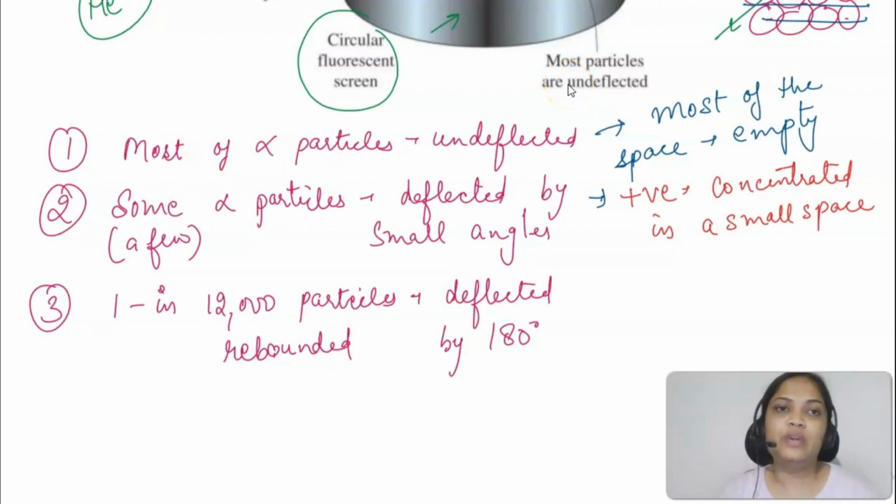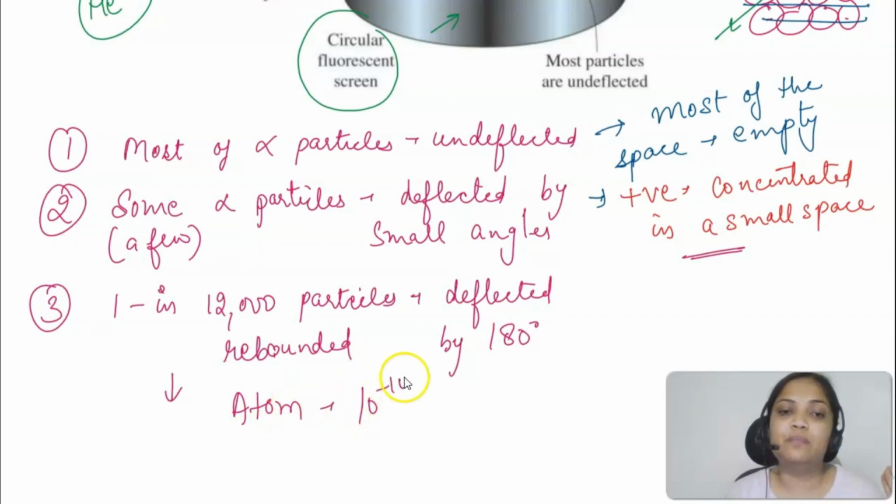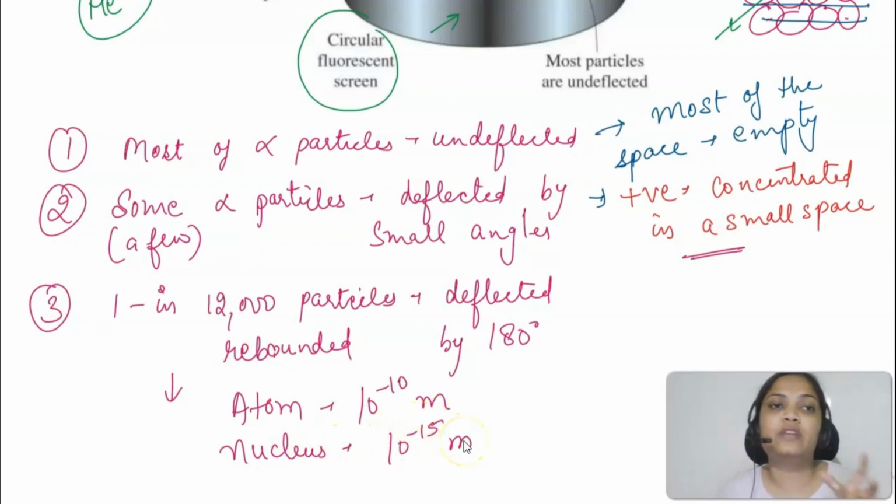Okay everyone, the third important point was argued by Rutherford. He made some calculations and found that this positive charge is concentrated in a very small space. If the atom is of the size 10 to the power minus 10 meters, then the size of this positive charge, which he called the nucleus, would be 10 to the power minus 15 meters. So the positive charge occupies a very little space inside the atom.